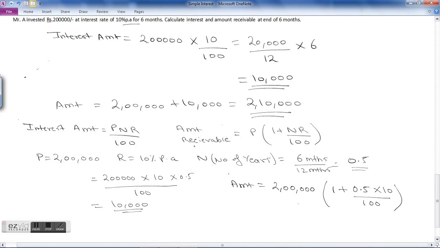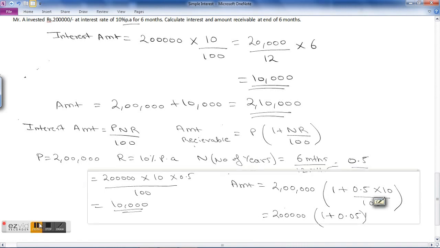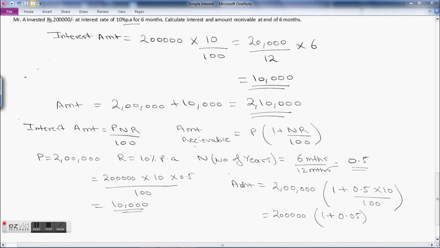So amount will be 2 lakhs into 1 plus 0.5 into 10, that is 5 divided by 100, so that is 0.05. So 2 lakh into 1.05 comes to 2 lakh 10,000.